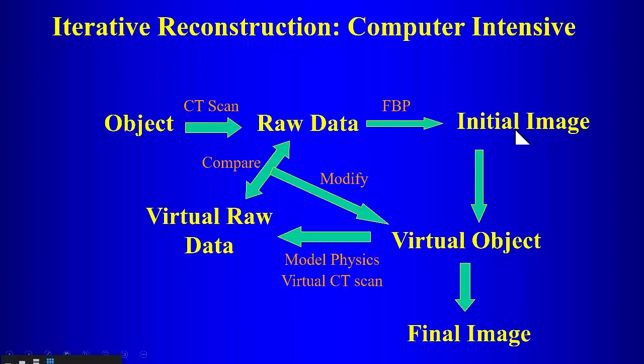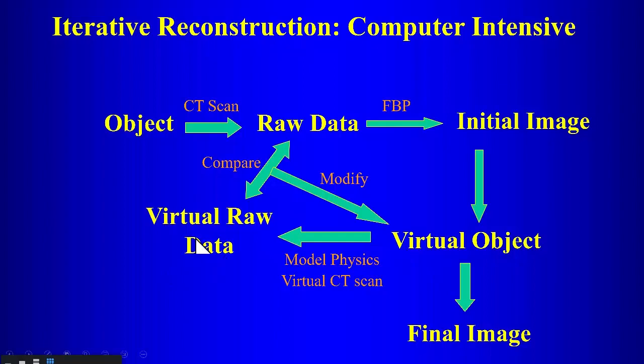Now from this initial image, the software generates a virtual object. It takes this virtual object and models the actual physics of the CT scanner. So you can see how complicated this is getting, and it pretends to scan this object using your CT scanner, and then it generates virtual raw data.